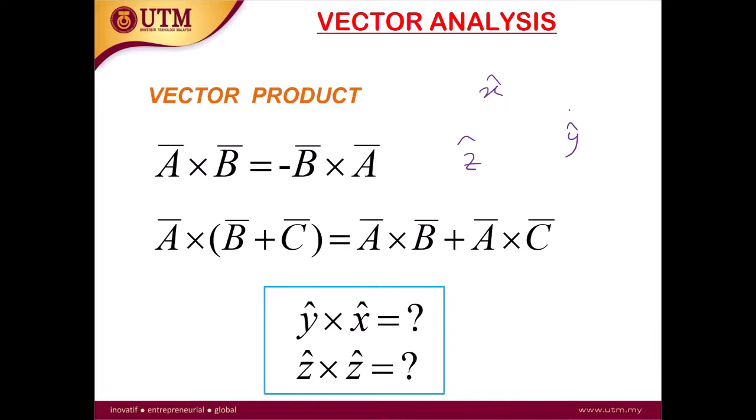Y cross x is in this section. It's the other sequence, so the result should be in negative z. And then what happens if z cross z? The same vector. If it's the same vector for the cross product, the result will be 0. Okay, that's all for the first part.